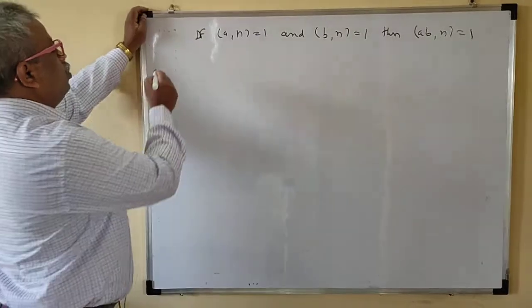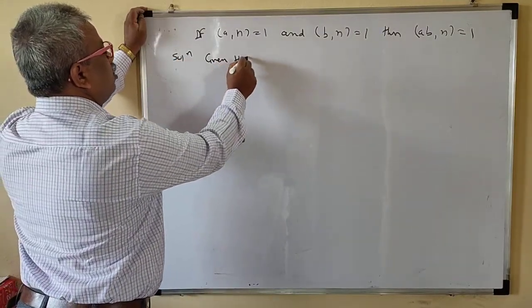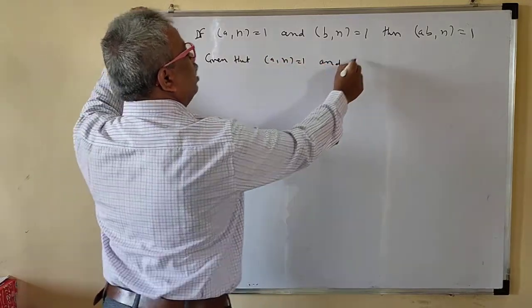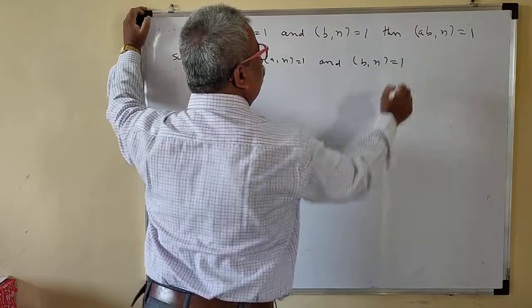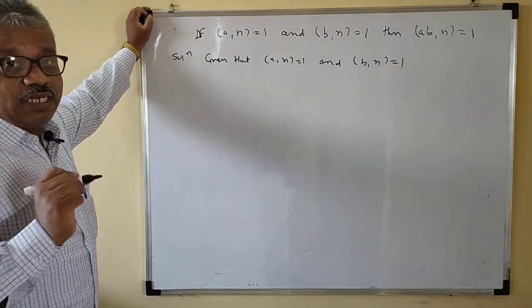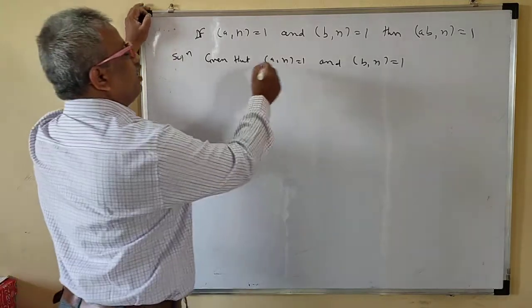Okay. So solution. Given that GCD of A and N is equal to 1 and GCD of B and N is equal to 1. This we have given. We have to prove GCD of AB and N is 1. So now we will apply the definition.